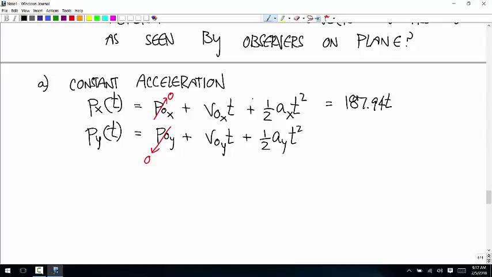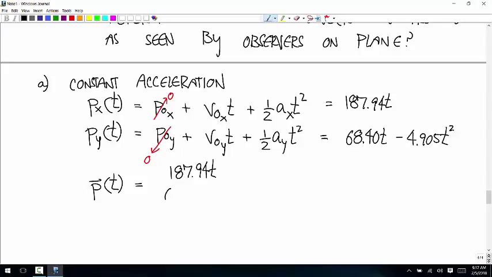The x acceleration is 0. And then for the y component, you have 68.40 times time minus 4.905 t squared. If you write this as a vector, the position as a function of time is 187.94 t, 68.4 t minus 4.905 t squared.